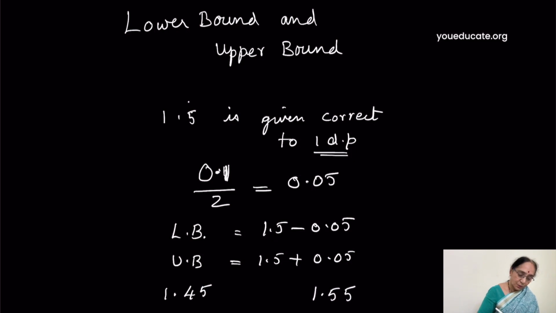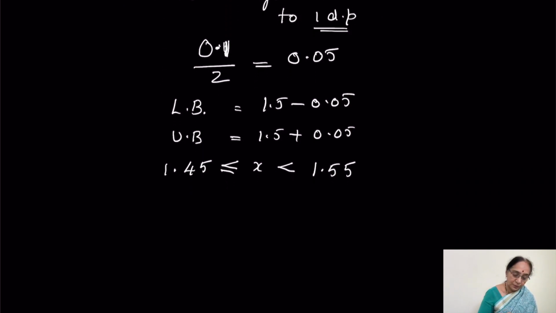What is the upper bound? 1.55. So your measurement, let us say x is the actual measurement, but you are given that as 1.5. It can lie between 1.45, you include that 1.45 and it is strictly less than 1.55. Don't put the equal to sign for this.